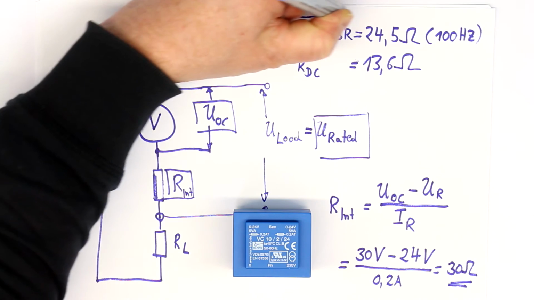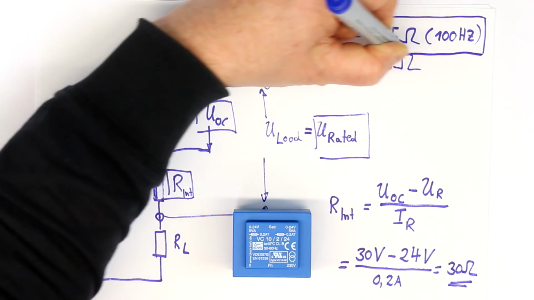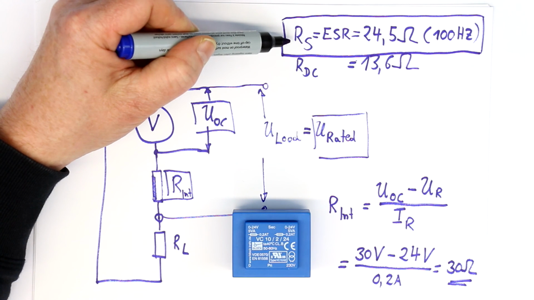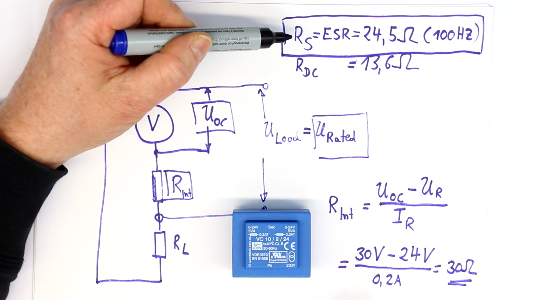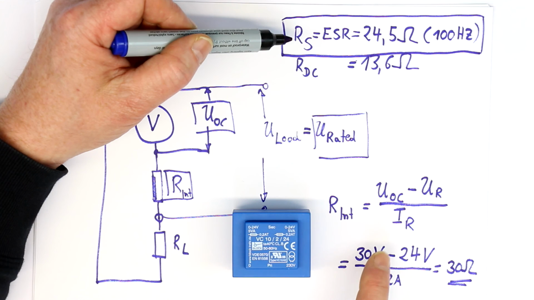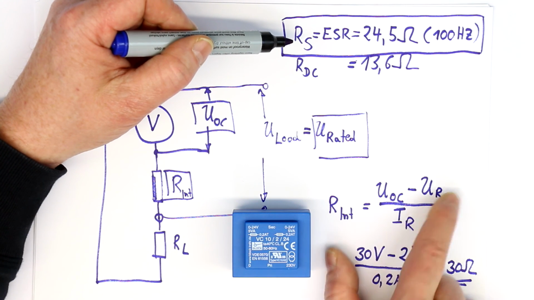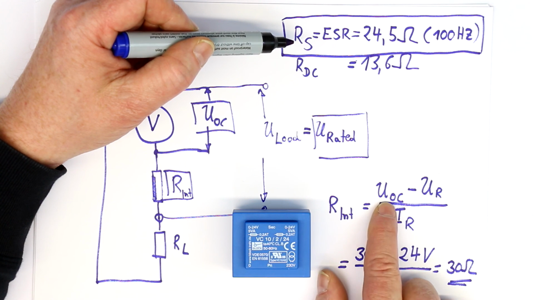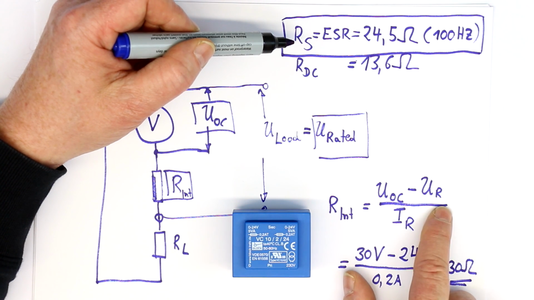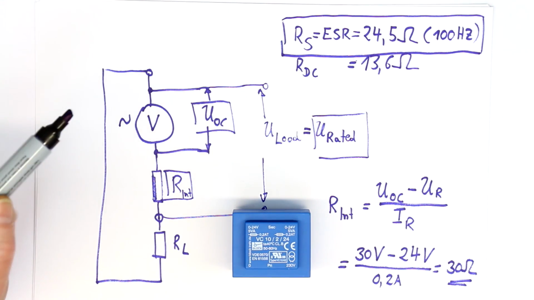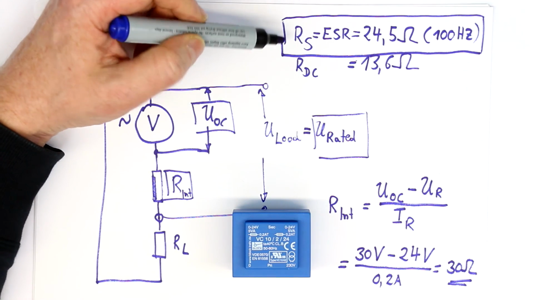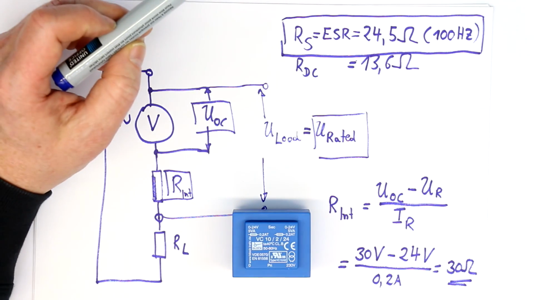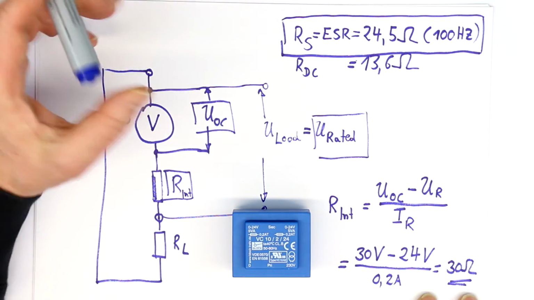You should use the series resistance, either measured with an LCR meter or calculated from these three given or measured values: the open circuit voltage, the rated voltage, and the rated current, and that gives you the series resistance, or at least you're quite near to it.